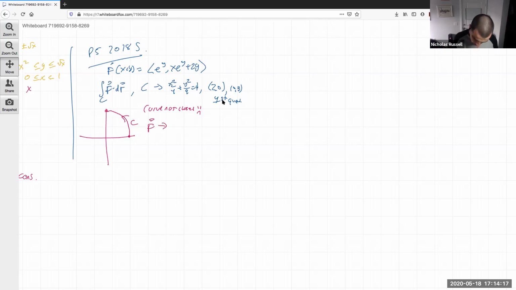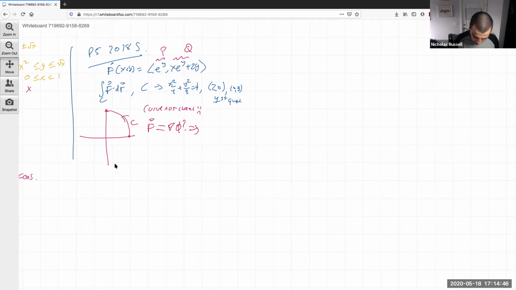So to see if F is conservative, is F equal to the gradient of a potential function? Does this exist? So this is P and this is Q. We take P_y and Q_x. We have to do this because we want to make Clairaut's theorem work.